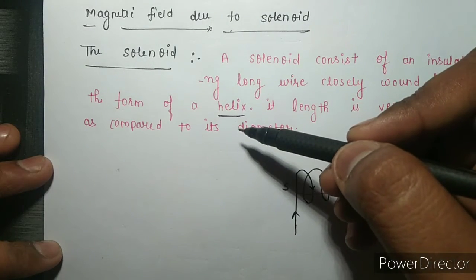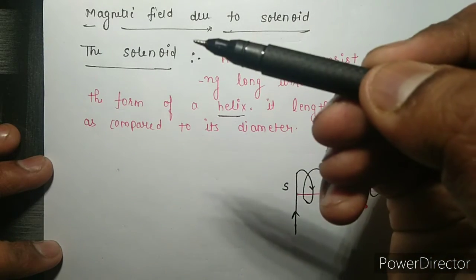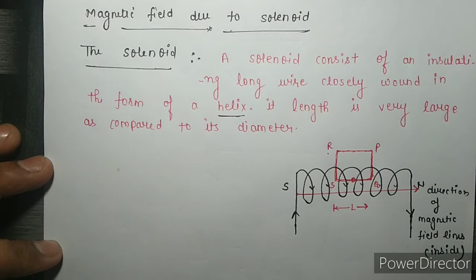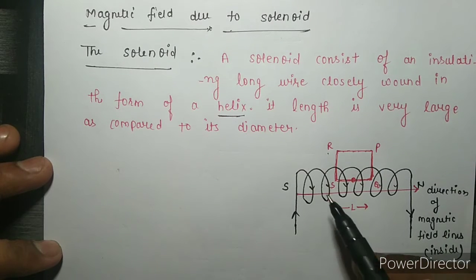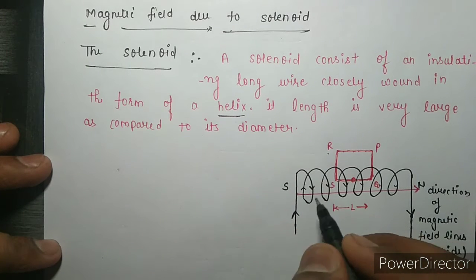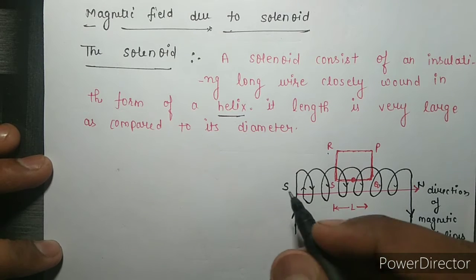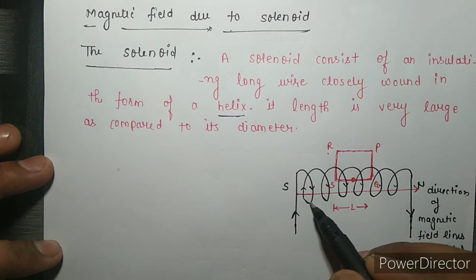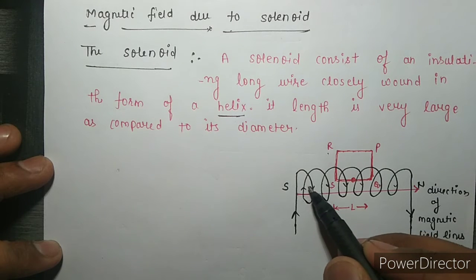A first round of winding is in front and the second is behind, so in these two wires the current direction is opposite. If the front wire has downward current, the back wire has upward current.